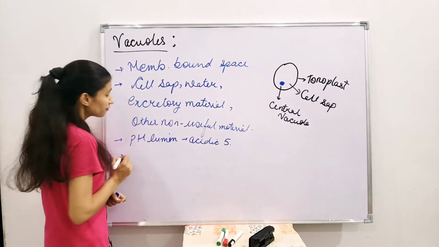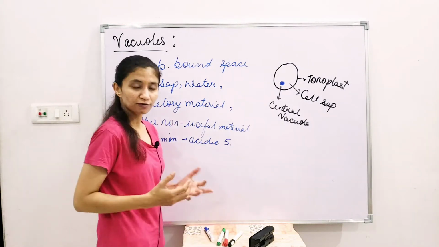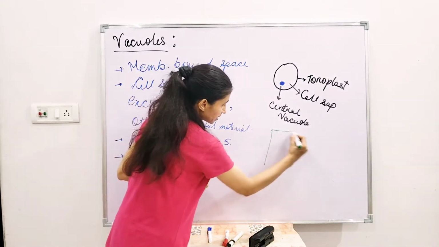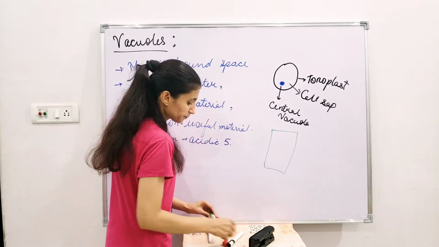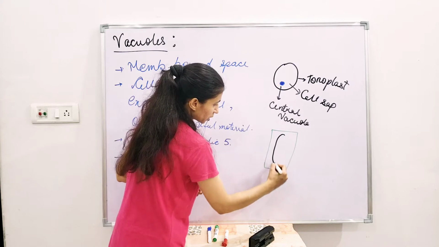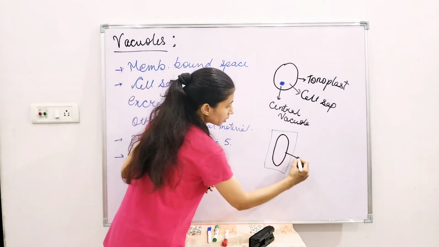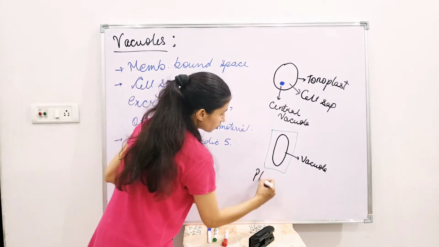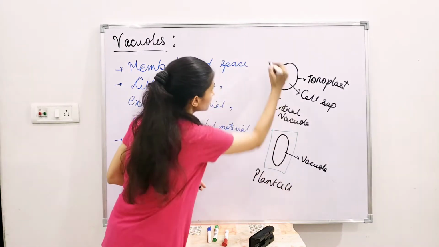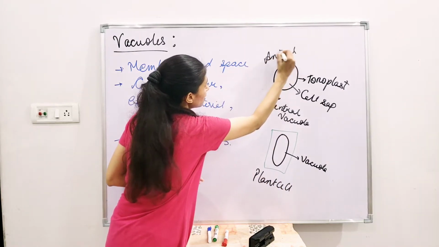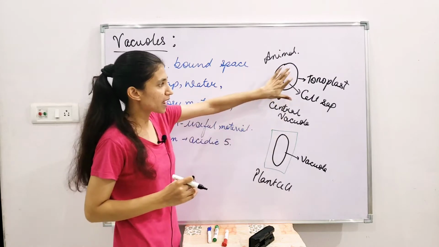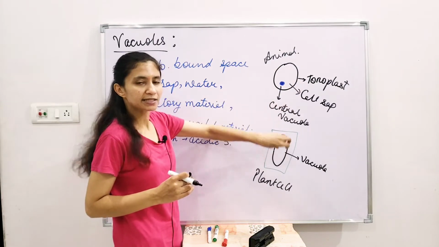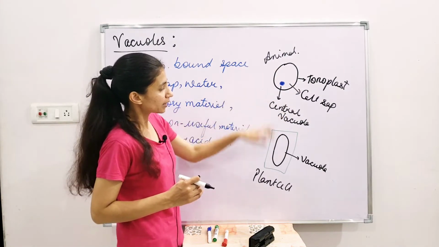If you talk about the vacuole of the plant cell, this is your plant cell and this is the animal cell. In both of these the structure is the same: the vacuole membrane is the tonoplast, it is filled with cell sap, excretory material or some other things, and it has a central vacuole too.